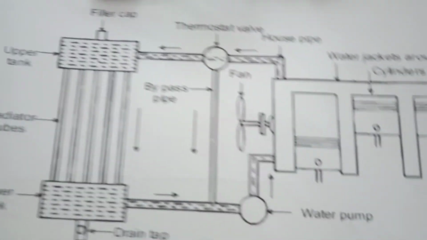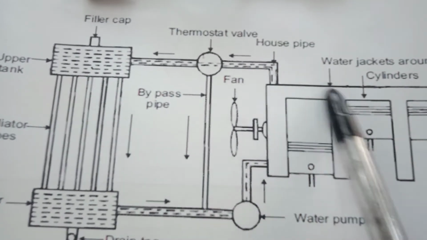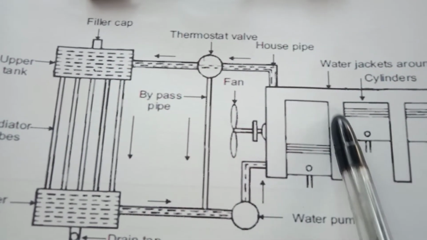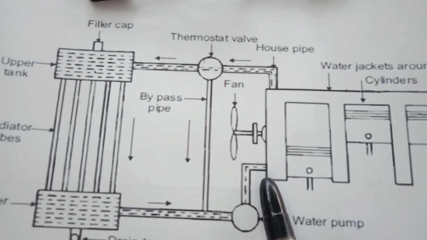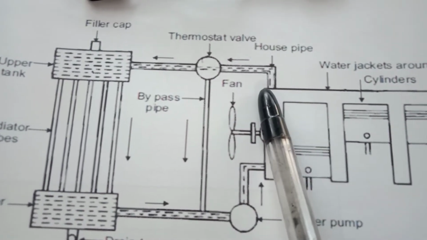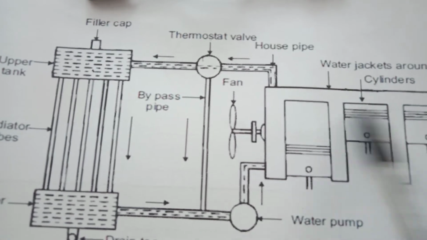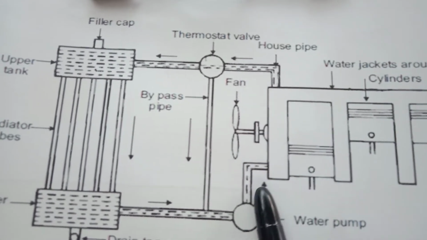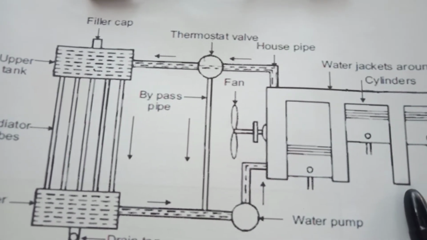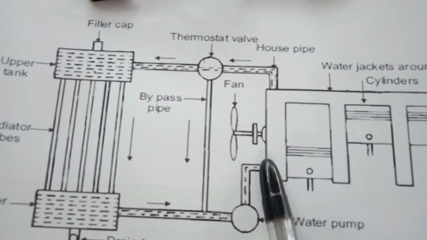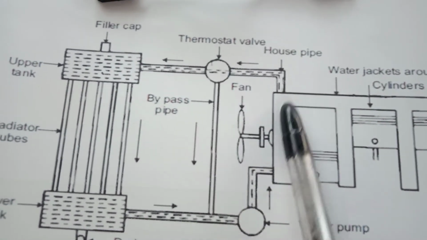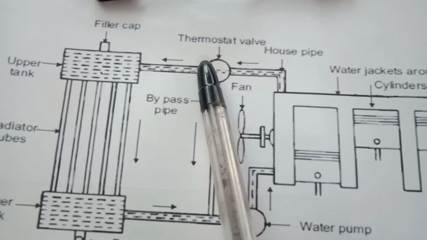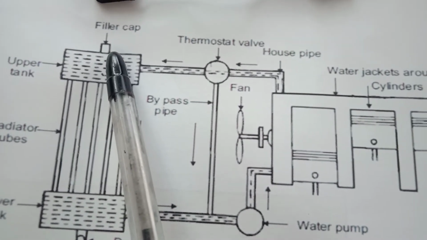Because of the extremely cold temperature, the engine has to be warmed up very quickly to the optimum temperature. Our aim is to warm up the engine to the optimum temperature as fast as possible. So for warming the engine, the thermostat won't allow the hot water to go to the radiator to cool down.